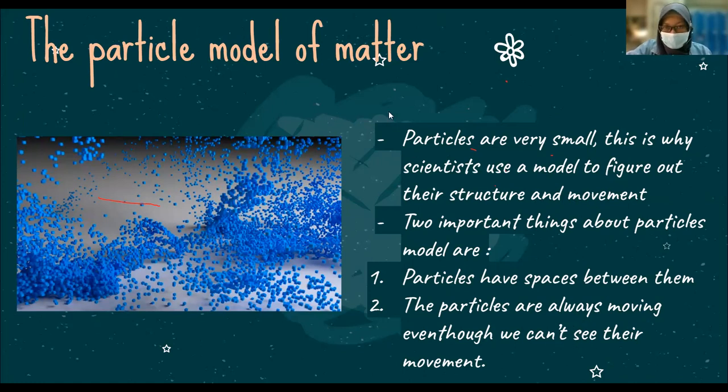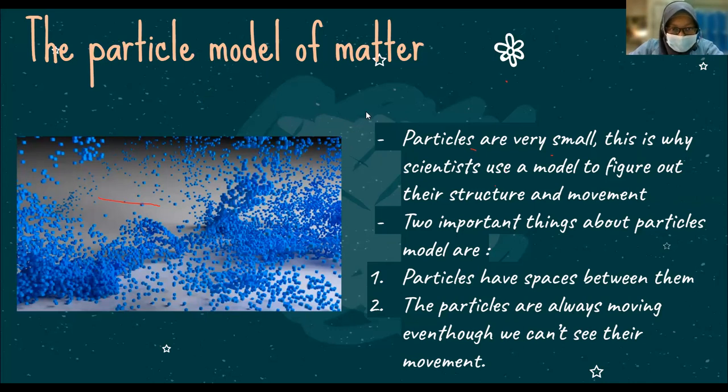Even the solid one. If there is a statement that solid particles cannot move at all, it's wrong, because the particles are always moving. This is the discovery of the scientists, and they stated that the particles are always moving even though we cannot see their movement.